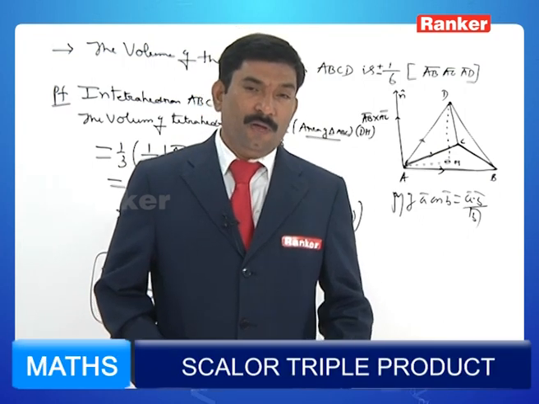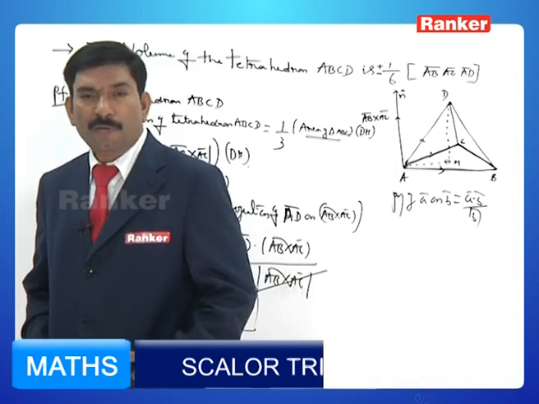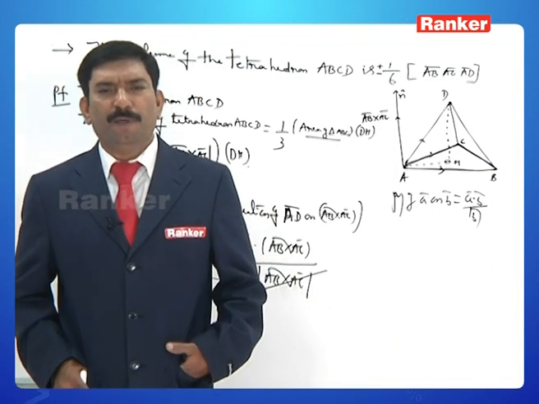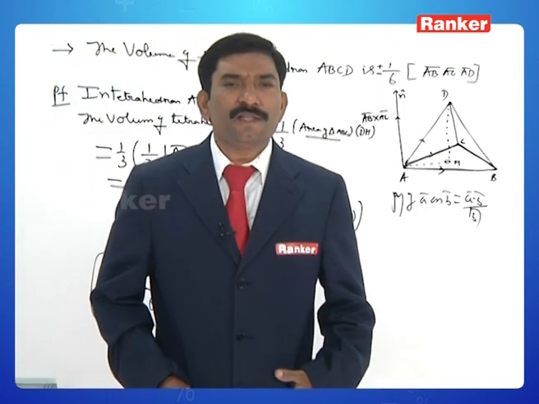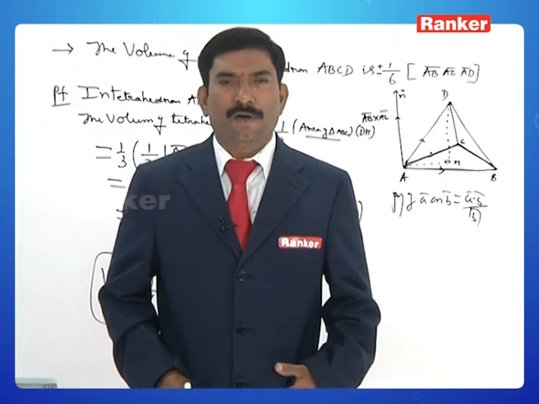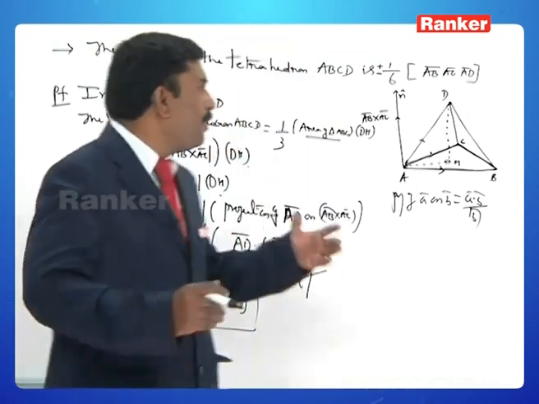Yes, we have taken the sides. In place of AB bar, AC bar, AD bar, if I consider them as A bar, B bar, C bar, then what happens?